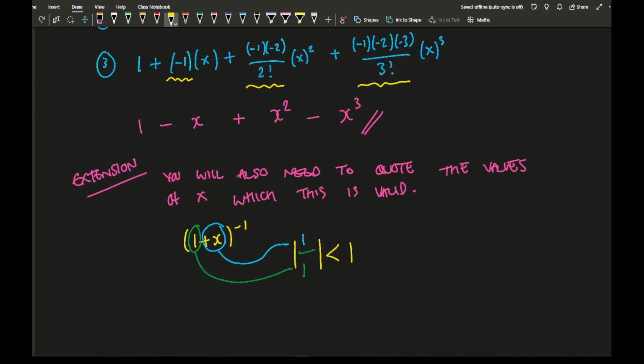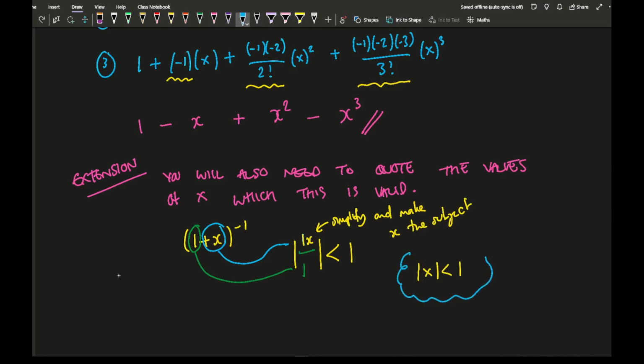And then if I go on to solve this, what I then need to do is simplify this, and I should have the x, that's one thing I forgot, is the x, so 1x. Simplify and make x the subject, which in this case is pretty simple because all I'm going to end up with is that. So this here is a range of x values for which this expansion is going to be valid.